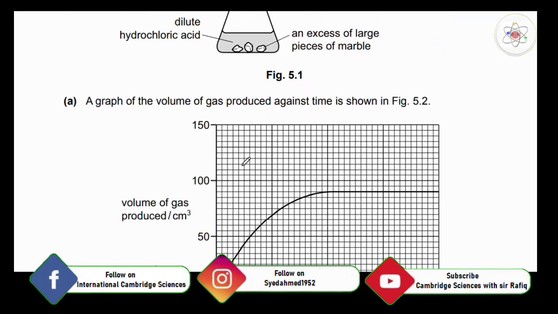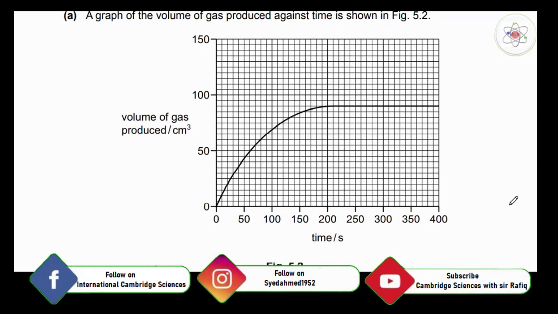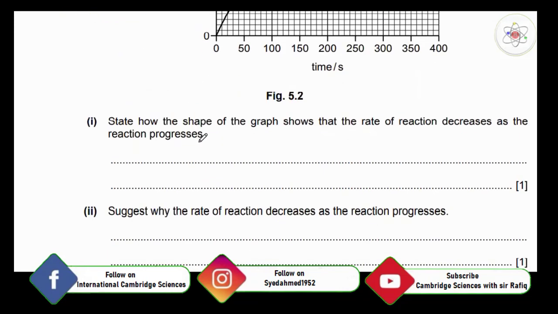In A part, a graph is given. A graph of the volume of gas produced against time is shown in figure 5.2, having volume of gas produced in centimeter cube on y-axis and time in second on x-axis. All right. So the first question is state how the shape of the graph shows that the rate of reaction decreases as a reaction progresses.